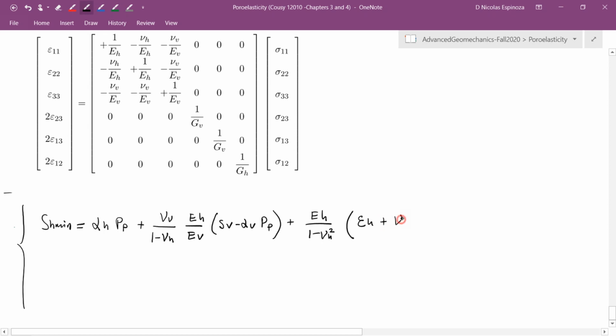And the tectonic strains are amplified by the horizontal Poisson ratio, and that also makes a lot of sense. So this should be, this is epsilon H mean.